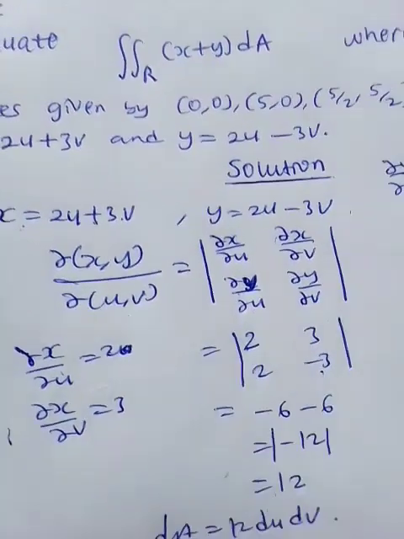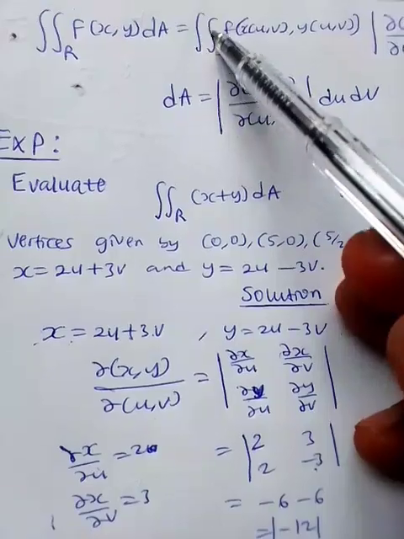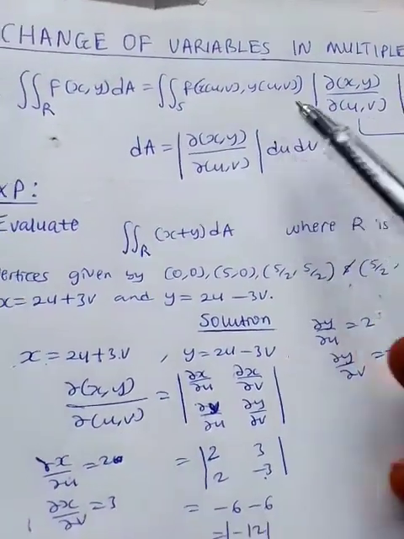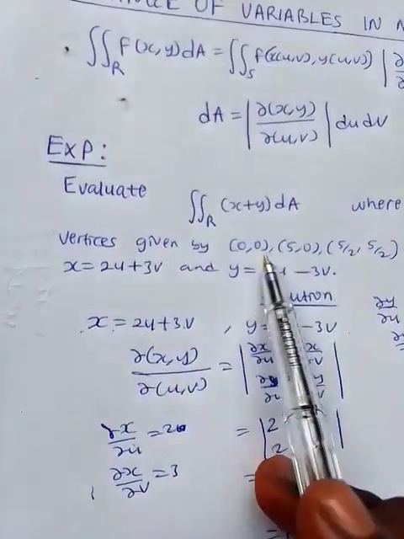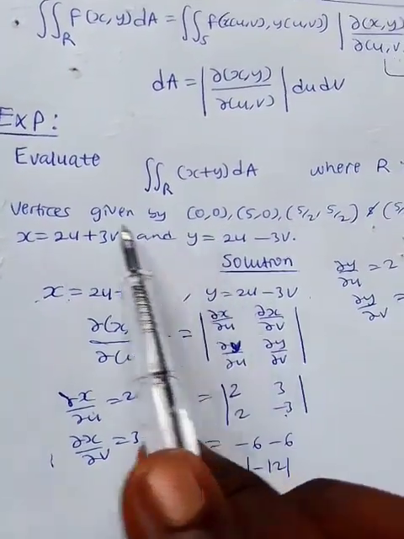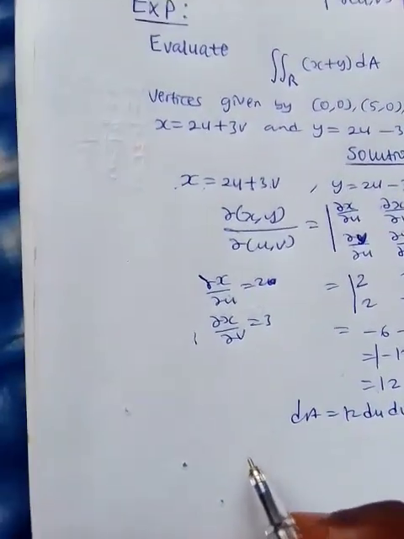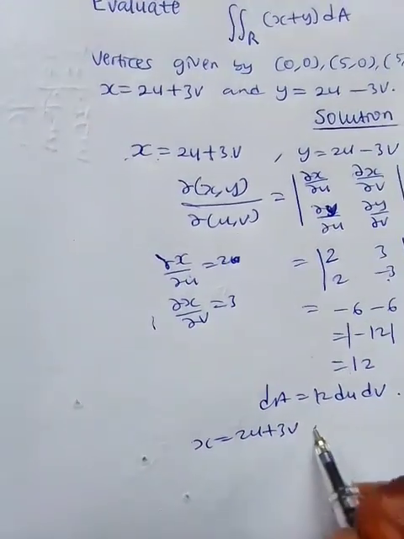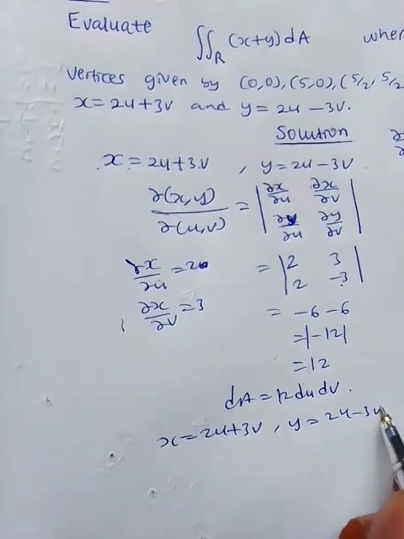So now we're going to find an interval for our u and v, so we can evaluate our integral. For the interval, we are going to use the vertices given. So we have x equals 2u plus 3v and y equals 2u minus 3v.